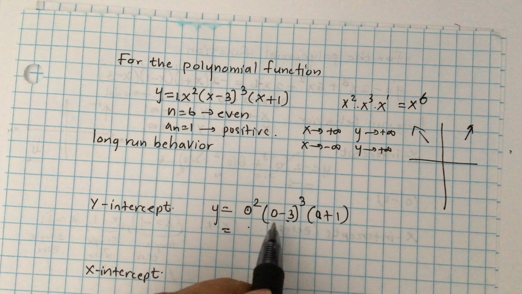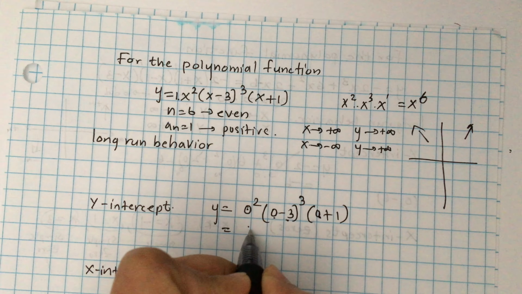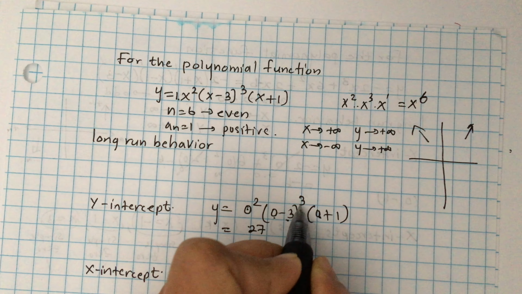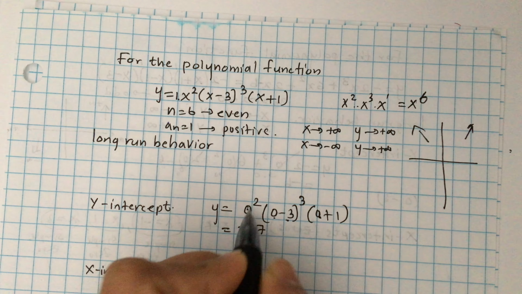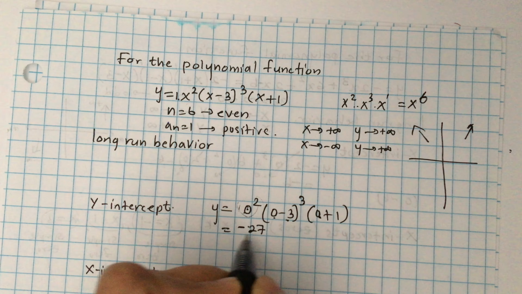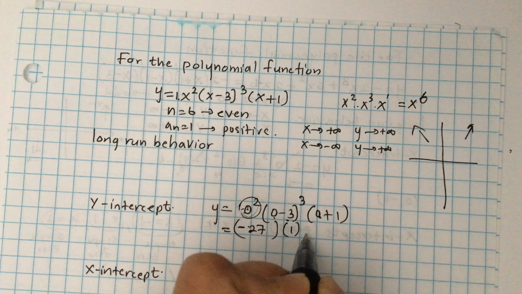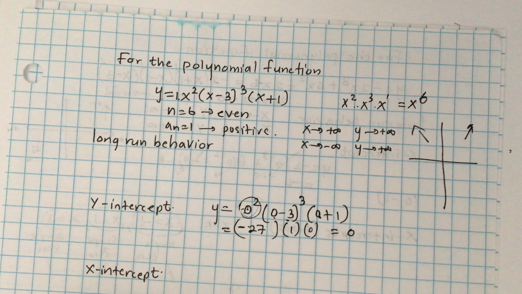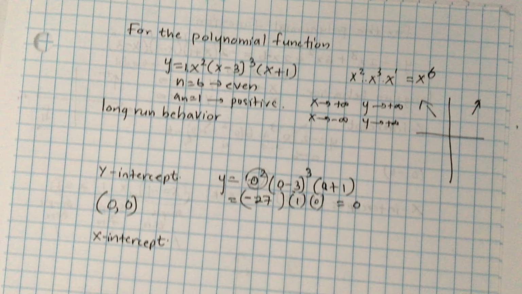Then what's the value here? It is 27 times, so this is power 3, right? So this is negative, but since this one is 0, everything is 0, right? Okay, so you have 1, and because of this one, everything is 0, right? Okay, so then (0, 0) is your y-intercept.